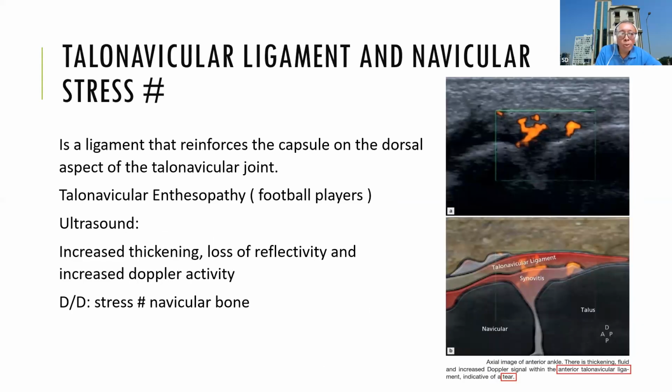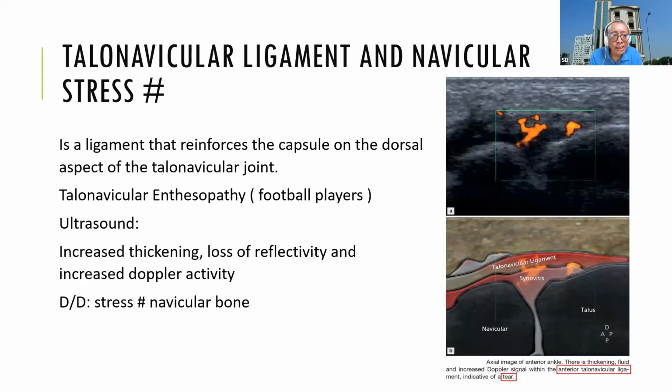Another problem that is common is talonavicular ligament problem or navicular stress fracture. Especially this talonavicular ligament, as the name suggests, runs from the talus to the navicular bone. This is also one of the main ligaments which reinforces the anterior capsule of the ankle.